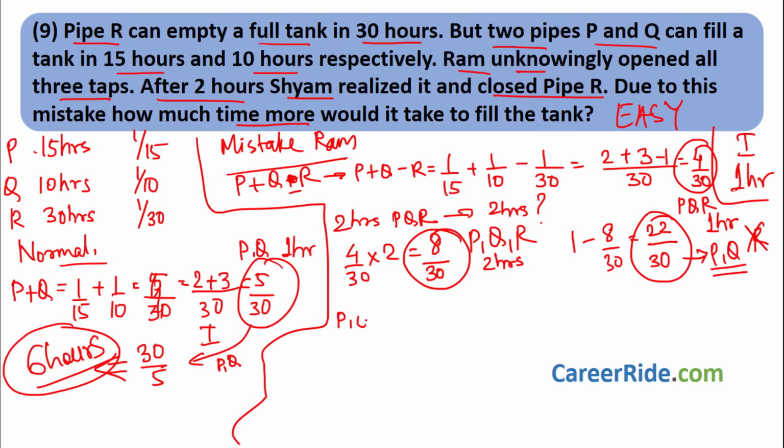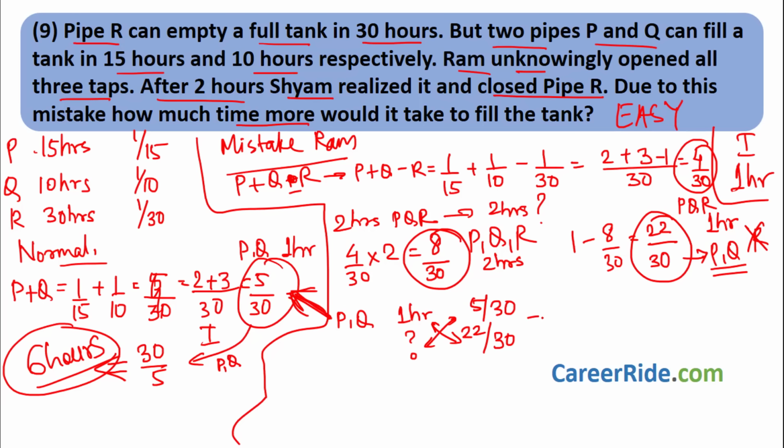Now what do we know? P and Q in 1 hour, how much amount do they fill? 5 upon 30, right? Why? We have found it over here that P and Q, when they are on, normally in 1 hour they fill 5/30 amount of tank. So in how much time will they fill 22/30 amount of tank? Simply cross multiply.